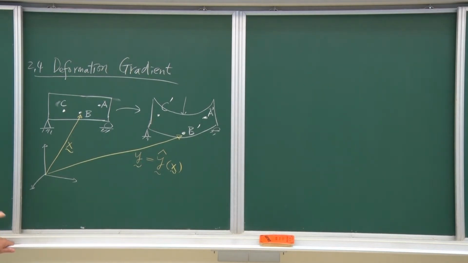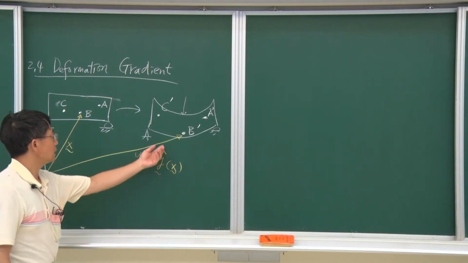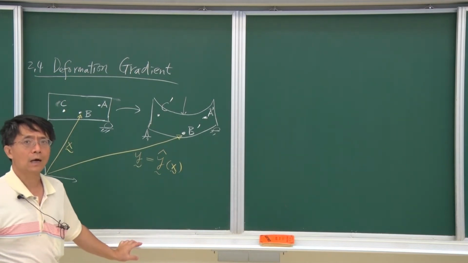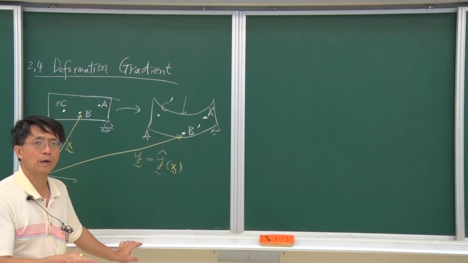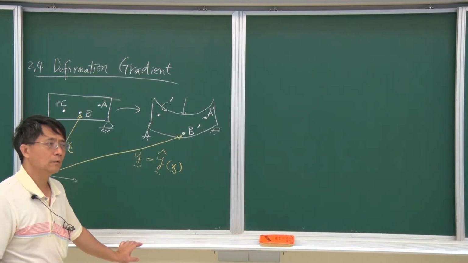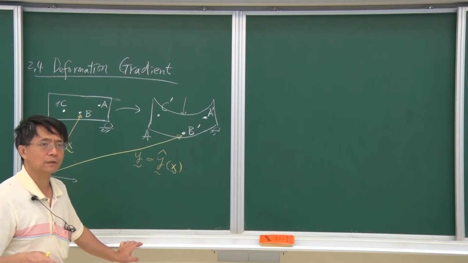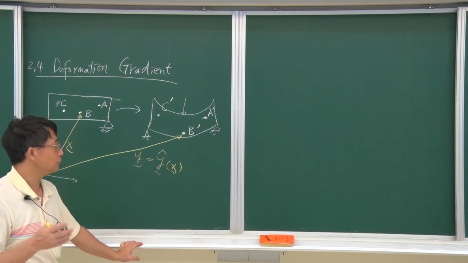So we have the relation between y and x. You may ask me how we can get this function. Okay, I just tell you, be patient. After you have learned all this theory, we will understand that we need to solve some boundary value problems, and then we will get this.